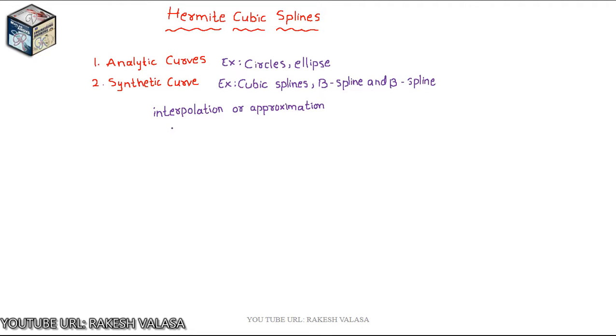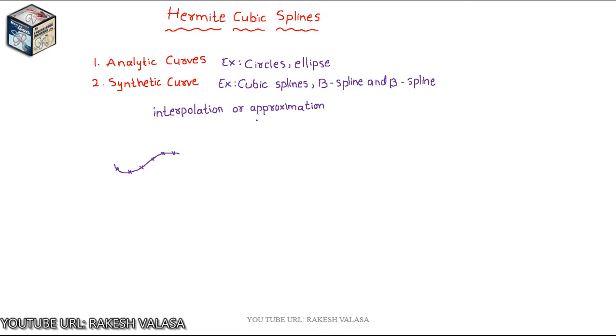Here, interpolate curve means the curve passes through all data points. Let us see one example. This is the one curve. This curve passes through all the data points. This is the example for interpolate curve.